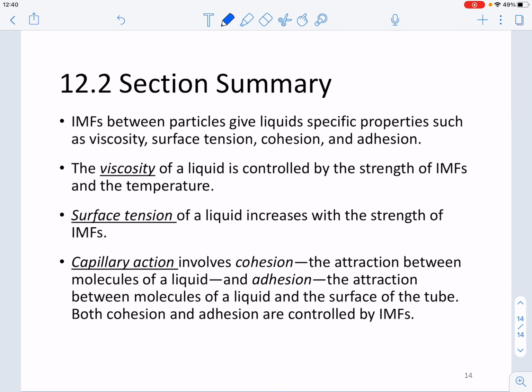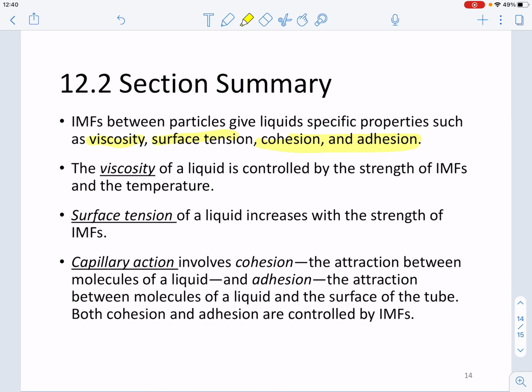I like to see them more as behaviors because you have to see kind of something happen. It's not really a static property. I mean, you can see the property in action. Okay, so the properties are viscosity, surface tension, cohesion and adhesion, but that has to do with capillary action.